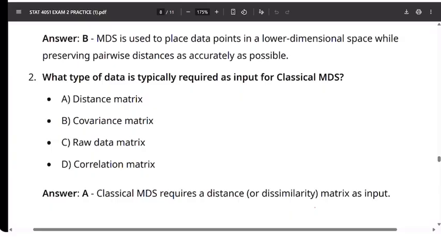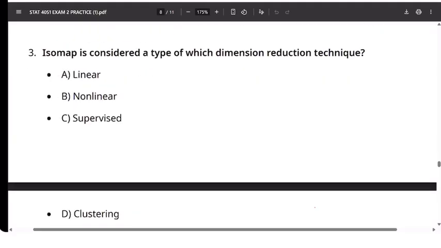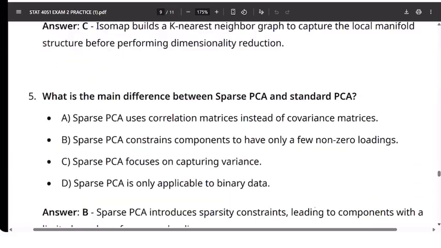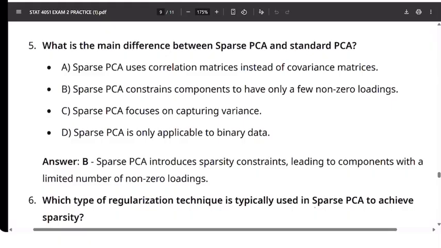So, an Isomap is considered a type of what? That's non-linear. And so on like that. Under the MDS, you are likely going to see some questions that also relate to sparse PCA, PCA, and stuff like that.